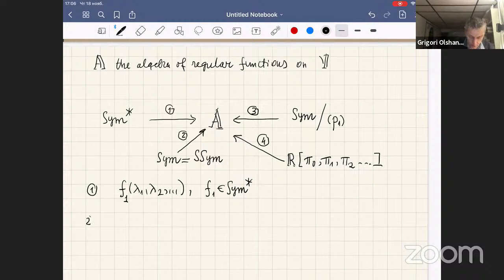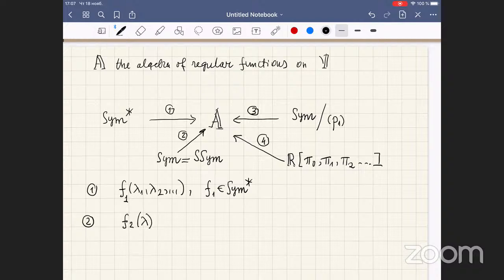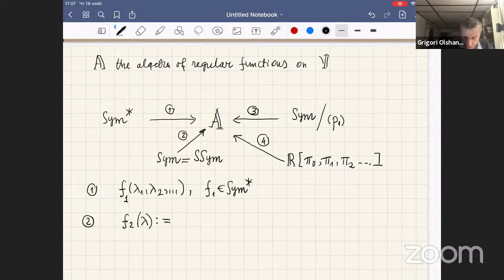And next, arrow 2 appears if you take the supersymmetric realization of the algebra of symmetric functions and take as arguments the modified Frobenius coordinates. So we take f2 of lambda, a function on Young diagrams, which is by definition a supersymmetric function in the modified Frobenius coordinates.